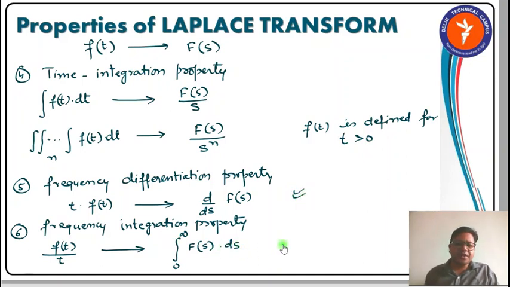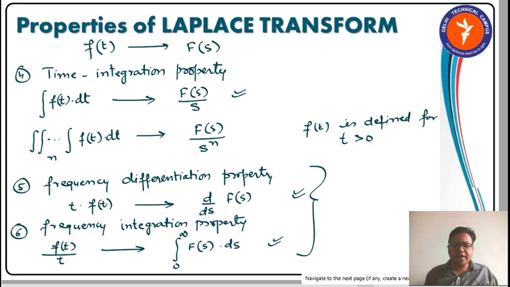Well, these two properties are very rarely used in electrical science, so they do not need to be remembered, but the time differentiation and time integration properties are very frequently used, so remember them, especially this one and the last one. Let us move ahead.